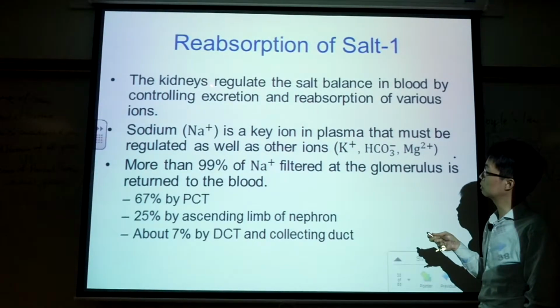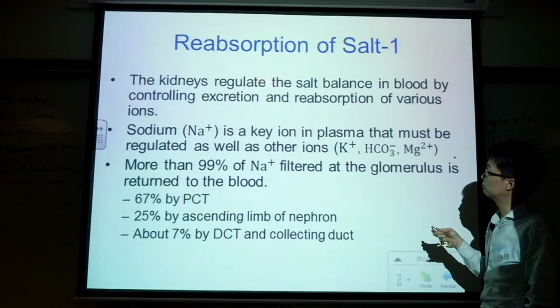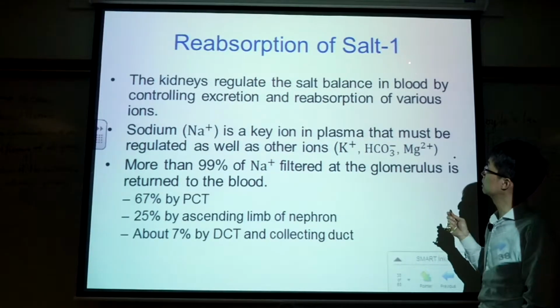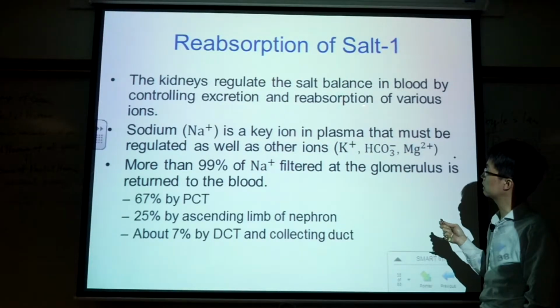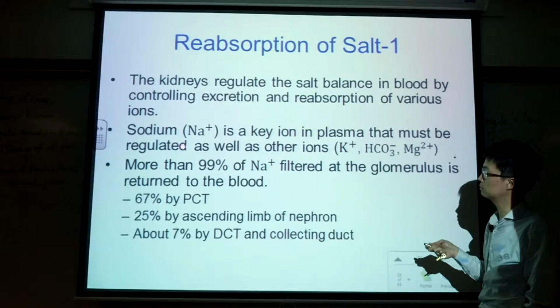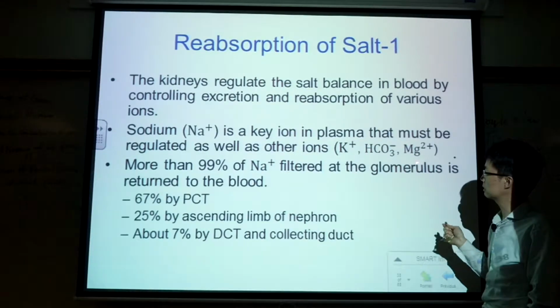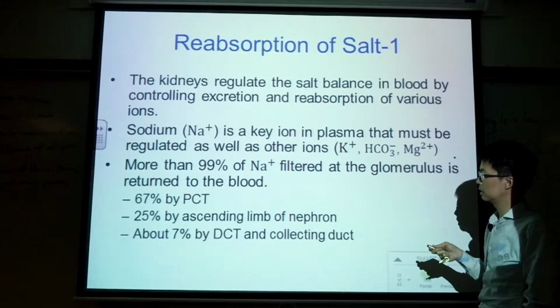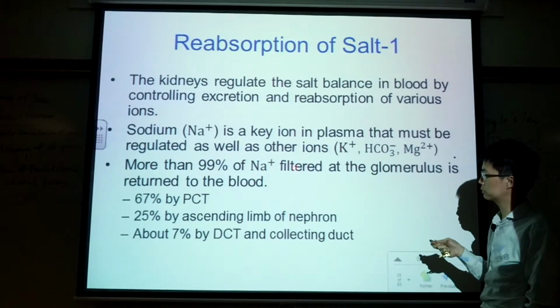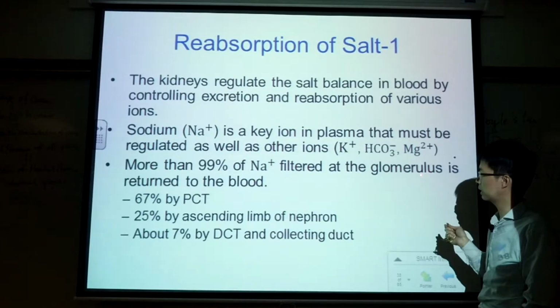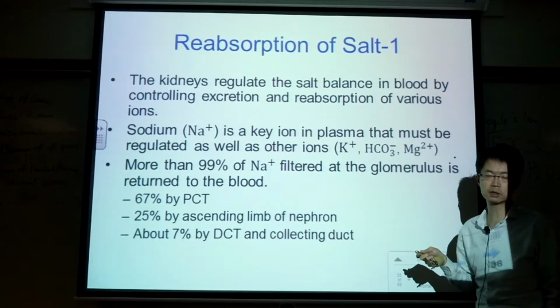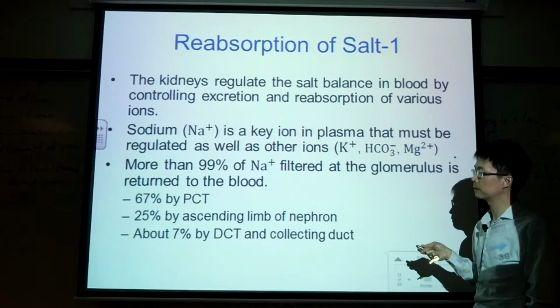So, as I said, the kidney regulates the salt balance in the blood by controlling reabsorption of different ions. Most of the time it is sodium, but your kidney also regulates other ions. Ninety-nine percent of the sodium is filtered in the glomerulus, the glomerular filtration, the first step.